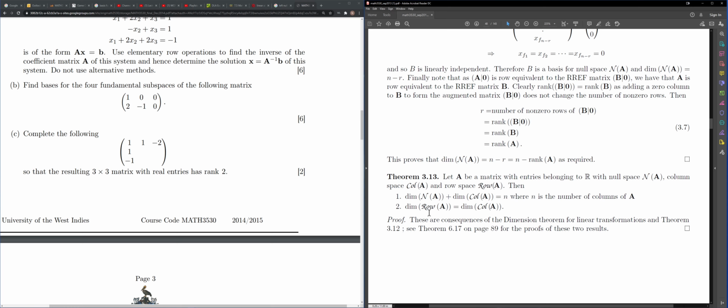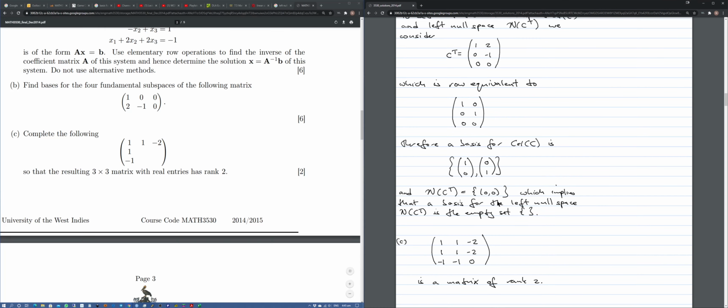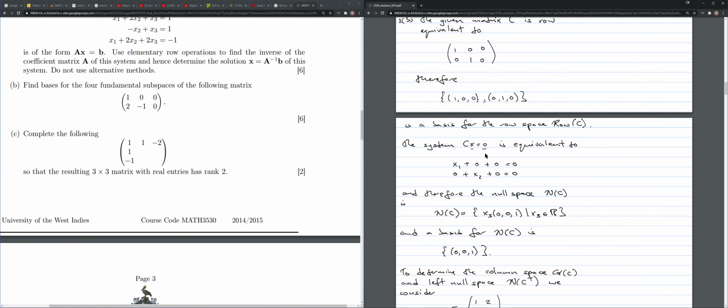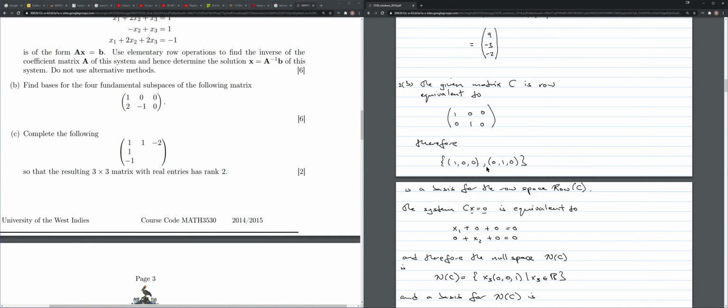Now we have this second equality, and let's see if it holds for this example. The basis for the column space is these two vectors over here, so the dimension of the column space is 2, the number of vectors in your basis. The basis for the row space is these two vectors over here, so the dimension of the row space is also 2.